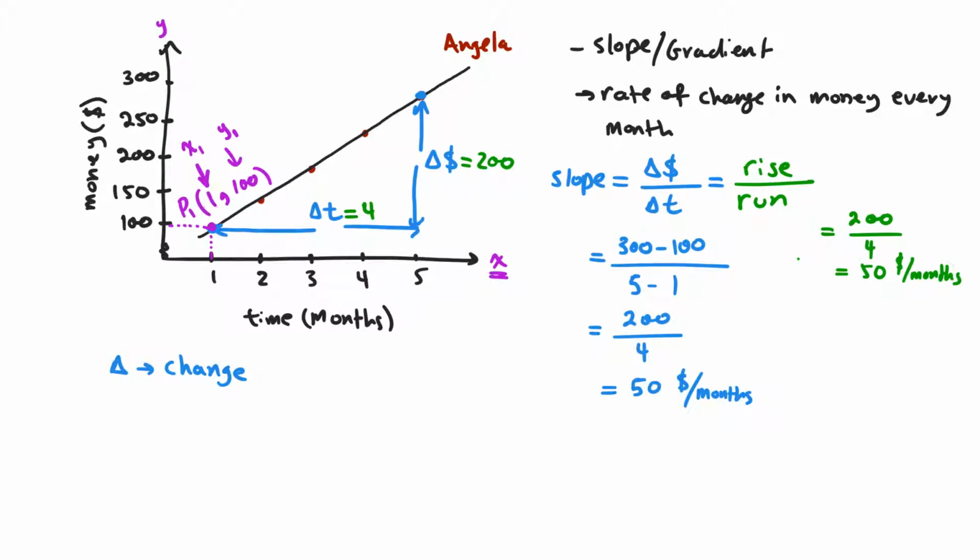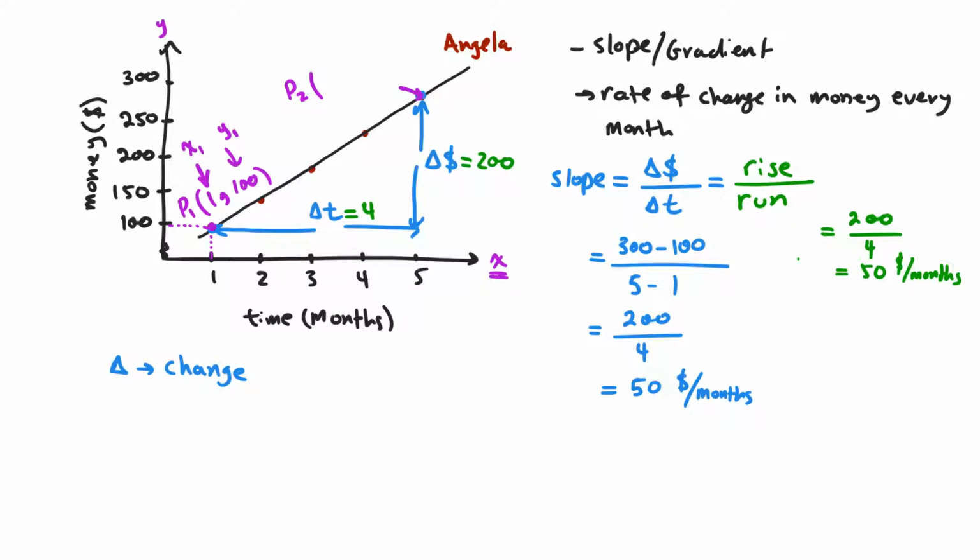This x value over here is x1 because it's the x coordinate of point 1. And this value over here is the y value of point 1. So that's where the subscripts come from. For my point 2 over here, I'm going to call it point 2.